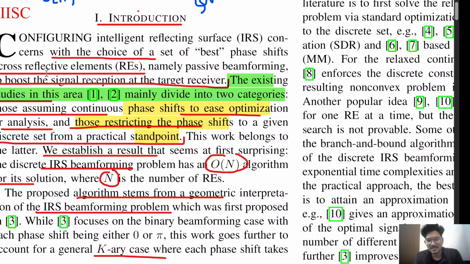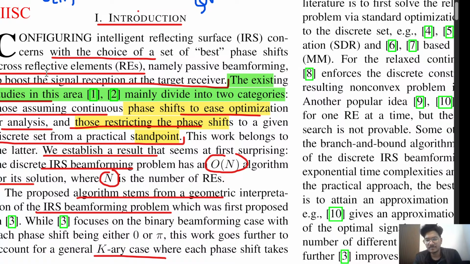The existing studies are mainly divided into continuous phase shift, for ease of computation, or analyzing the restricted phase shift. This work belongs to the latter, and we established a surprising result on order and complexity.